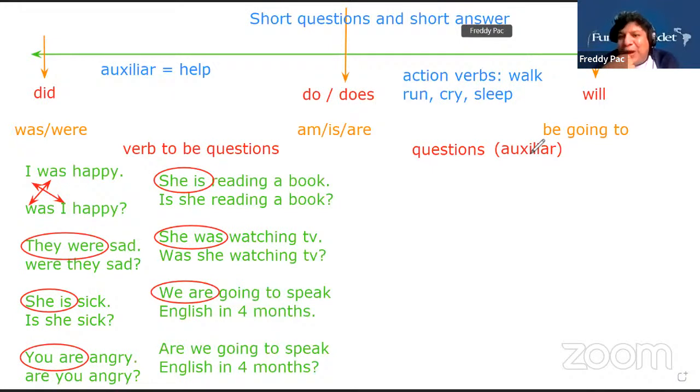So why, teacher, are you speaking so much about auxiliaries? I don't know what an auxiliary is. Remember that the auxiliaries are did, do, does, and will. First of all, I have to tell you something.